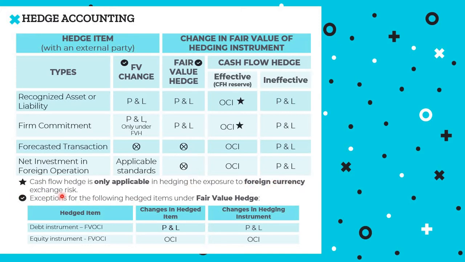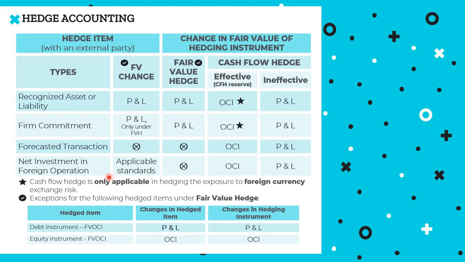Pero for this discussion sa ating video na to, ang i-discuss natin is hedge of forecasted transaction and firm commitment under cash flow hedge. Pero syempre, yung firm commitment natin, ang hina-hedge natin doon na risk is foreign currency exchange risk. So, yung hedge of net investment in foreign operation, that will be discussed in a separate video. So, hindi yun magiging part ng ating discussion for this video.